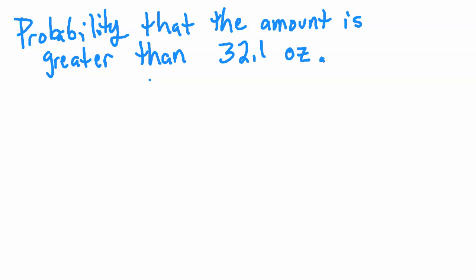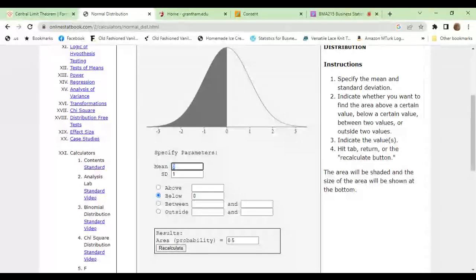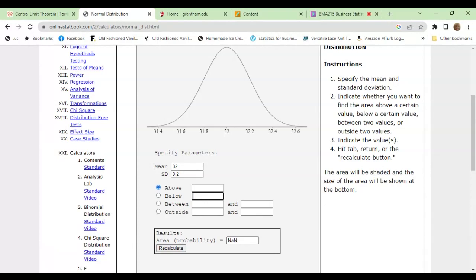Probability that the amount that the bottle has is greater than 32.1 ounces. So remember, it's greater than, that would be to the right. Go to our calculator. Mean is 32. Our standard deviation was 0.2. And we want it greater than, so in this case, it would be above 32.1.